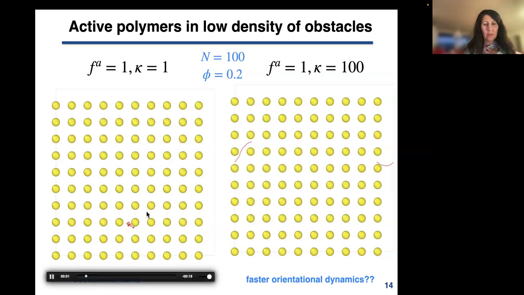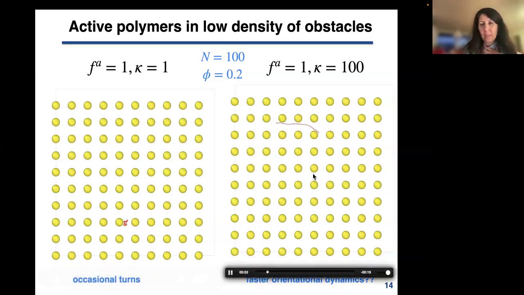So here I show you the flexible case. And you can see that the polymer moves almost as in free space, because the void space between the obstacles is quite big. So occasionally it might collide with an obstacle and turn, but it's not so different from the free space. The same holds here, because there is enough spacing between the obstacles.